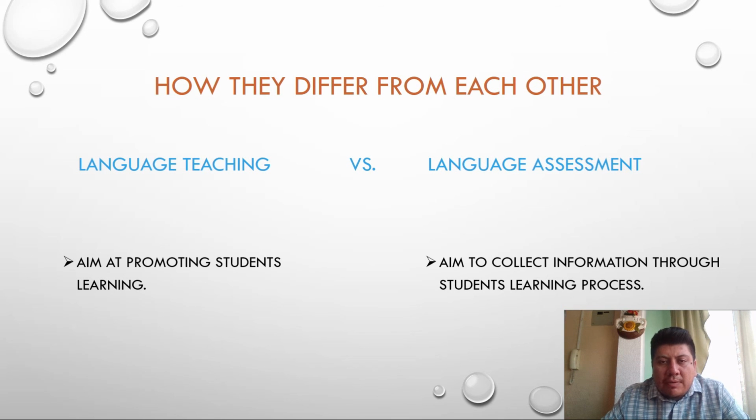The main concept and the main difference is the purpose, how we can set, as teachers, language teaching or language assessment. What is the purpose of setting any activity during a student's learning process?